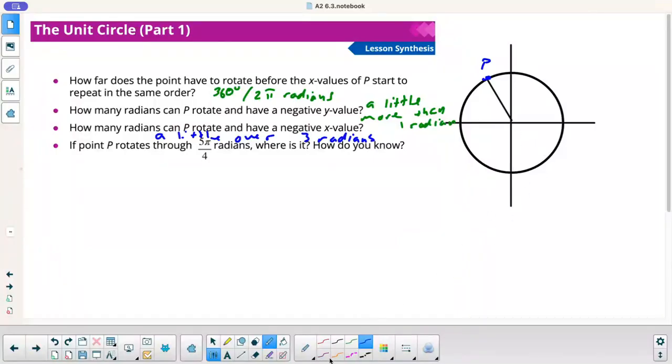So to get exactly over here on the other side, this would be like I added pi radians, or in other words, 4 pi over 4, like if I slice my circle into 4 equal sections. Then I'd have to go another one right there. So that would be 1, 2, 3, 4, 5. I'll call that right here. 5 pi over 4 would be where it would rotate from point P.